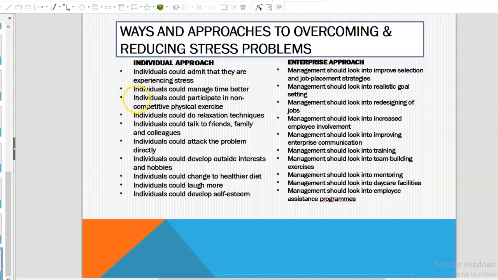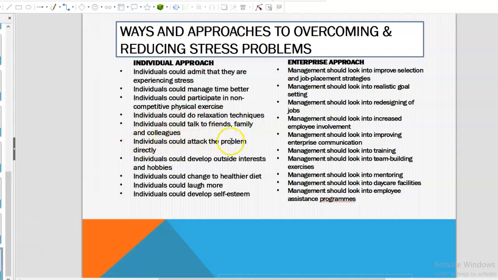Well, let's just continue. Individuals could participate in non-competitive physical exercises. Physical exercise is also important. Individuals could do relaxation techniques like yoga. Then individuals could talk to friends, family, and colleagues. Do not isolate yourself.